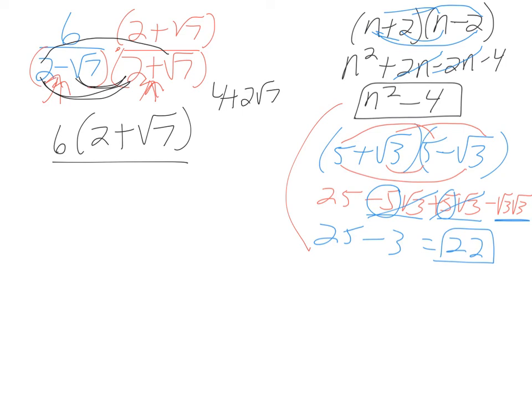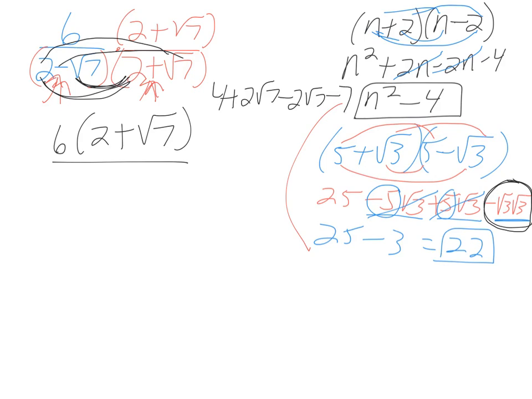Then I would have this term right here, which is negative 2 square root of 7. And then on the last part, I would have negative square root of 7 times square root of 7, and just like I did from here, where I have negative square root of 3 times negative square root of 3, which is just 3, then that would just be negative 7.